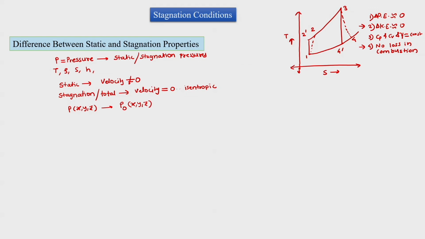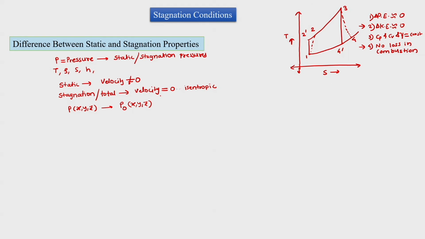So it is a spatial quantity which has to be evaluated at a point, where we assume that if the fluid particle at that point is brought to 0 velocity isentropically, then what would the condition be. With this assumption, if we measure the pressure, the corresponding pressure is the stagnation pressure or total pressure.